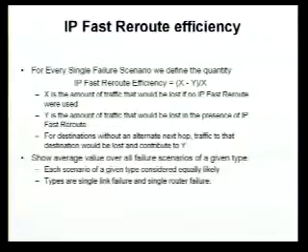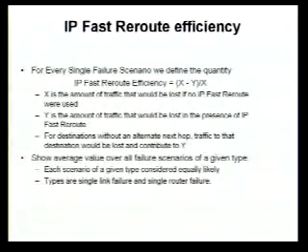Now, in terms of the meaning of coverage, one could define coverage as how many destinations are reachable during this failure condition. That's one way of looking at it. But we really want to look at it from a traffic point of view, because we have seen that there may be some destinations which are not reachable, but they're not carrying any traffic, whereas there may be a small number of destinations which are not reachable but carry a very large amount of traffic.